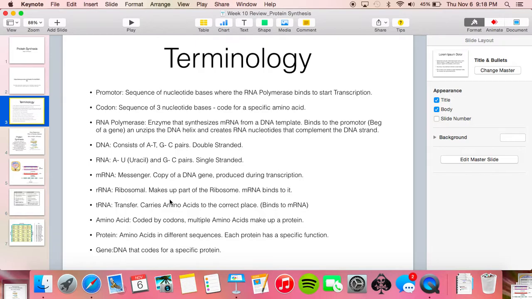So it's very important that that's there. rRNA doesn't really do anything, like it doesn't actually have any genetic material, but it makes up part of the ribosome, and then it helps bind to the mRNA when it comes through the molecule. And then as it goes through the ribosome, it attaches to tRNA, which is transfer RNA, and that actually carries the amino acid sequences to the correct places to code for the right protein.